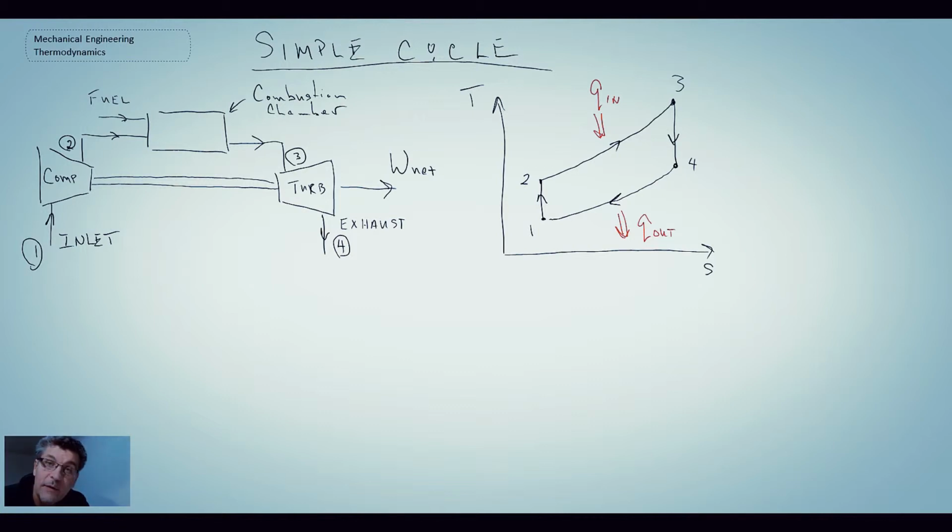Next, let's take a look at it on a PV diagram. We'll start down here at state 1. We then go into isentropic compression, which takes us up to state 2.